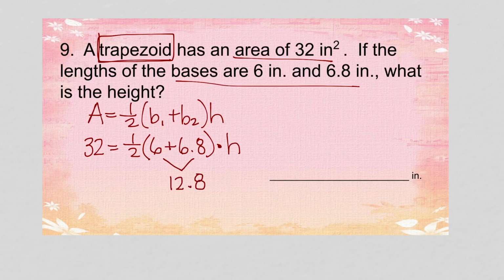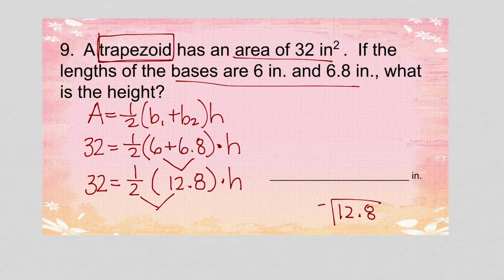Which I can do in my head, which is fine if you do stuff like that in your head as long as you follow it down. Okay, bring everything down. Now what do I have to do? Take a half of 12.8. So on the side, I'm going to say 12.8, and I'm going to divide that by 2, and I get 6.4.